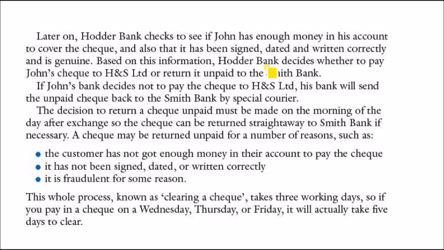Based on this information, Hodder Bank decides whether to pay John's check to H&S Limited or return it as unpaid to Smith Bank. If John's bank decides not to pay the check to H&S Limited, his bank will send the unpaid check back to the Smith Bank by special courier.